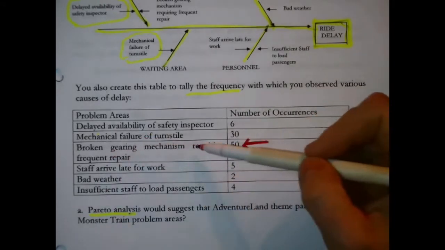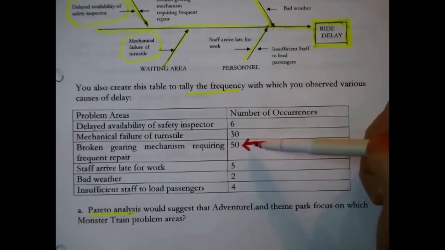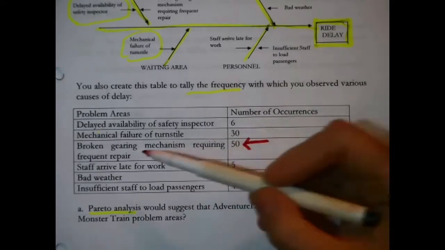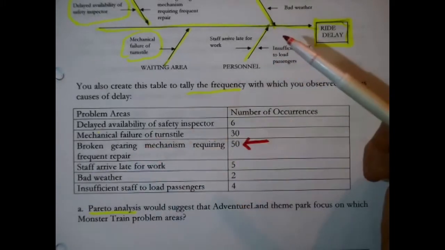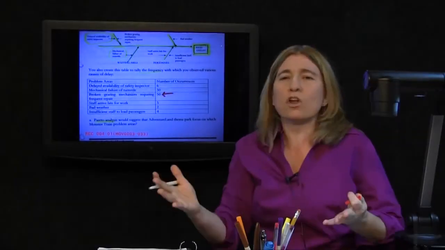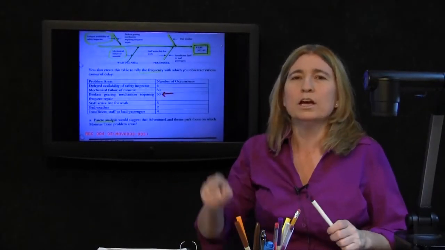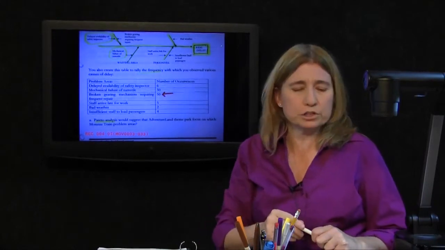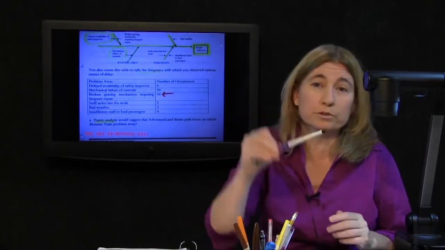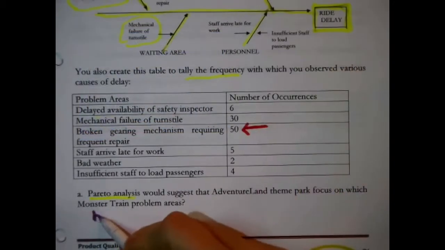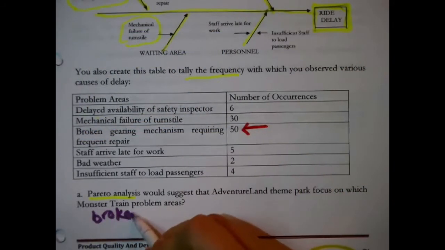Broken gearing mechanism requiring frequent repair. This implies that in 100 delays, 50% of them are specifically because of that. That would suggest that Adventureland should focus on this issue. First, we would recommend that they focus on addressing the broken gearing mechanism.